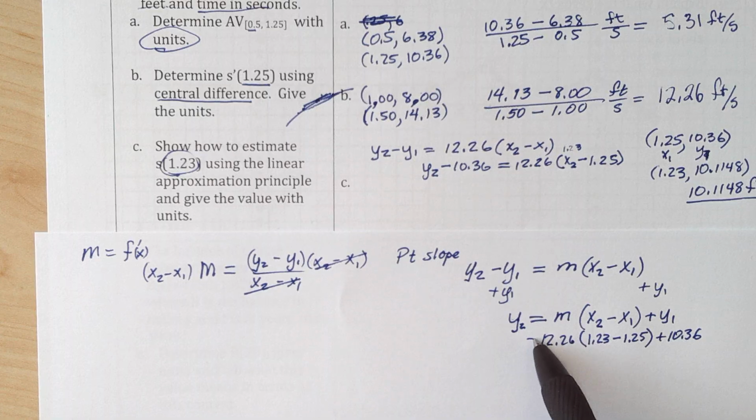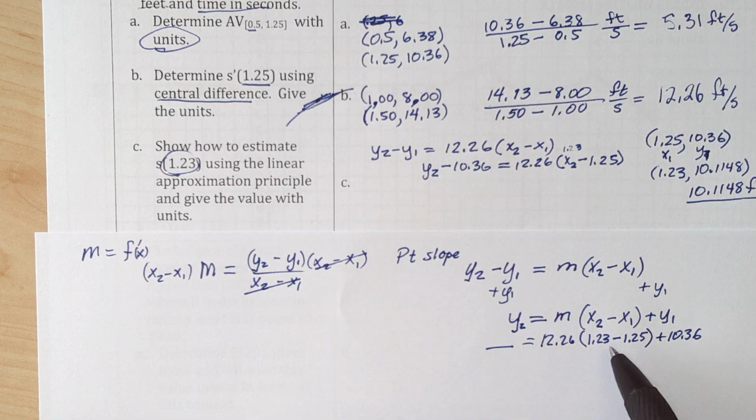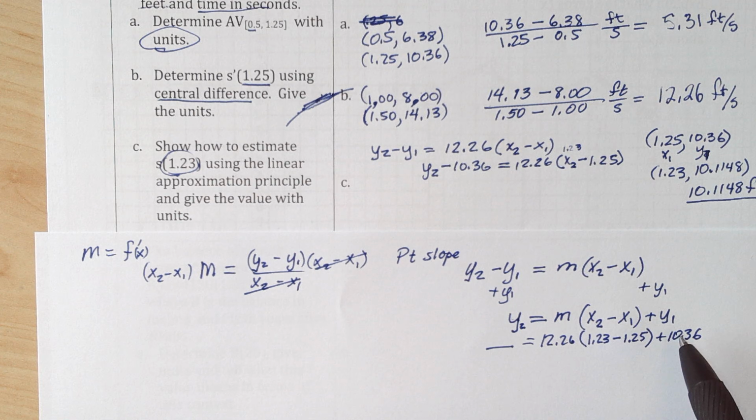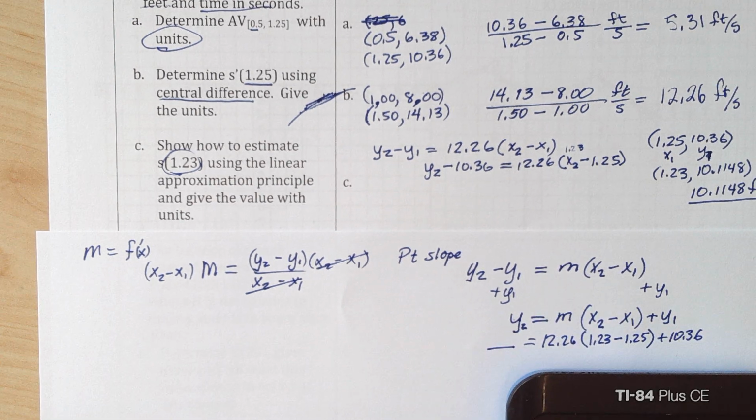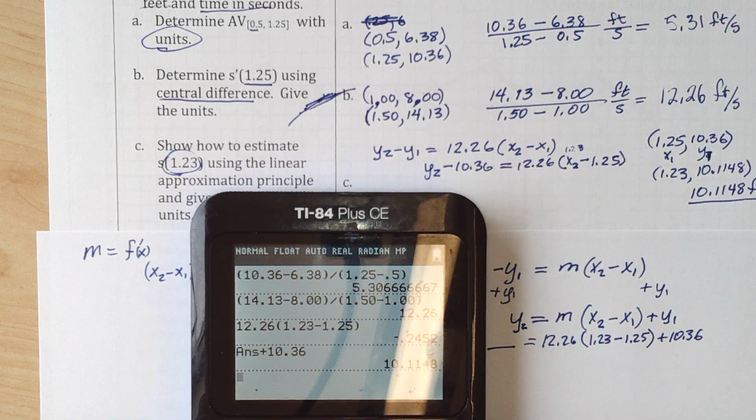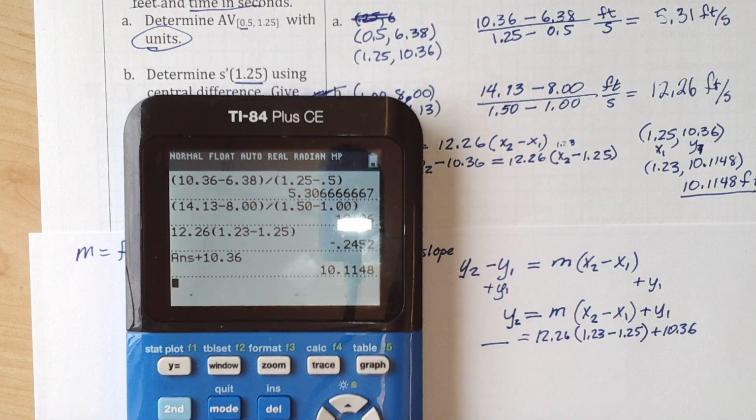And this will give us the approximate y that matches 1.23, the y2, for the x2, where this is x1 and this is the y1. So if I type this into my calculator, I should get exactly the same answer.